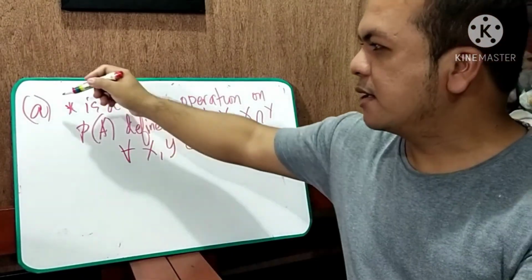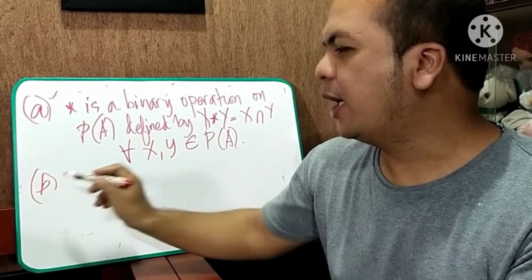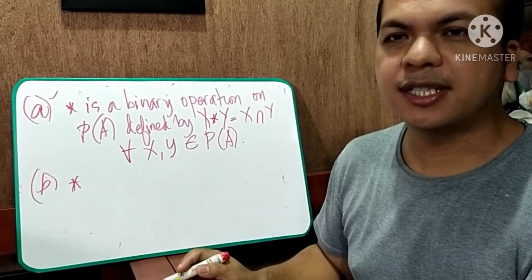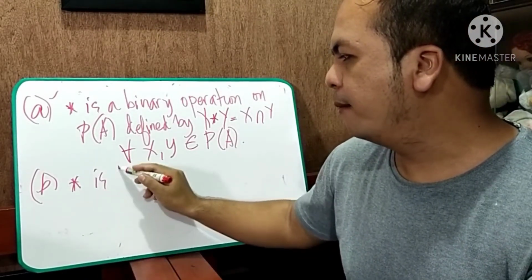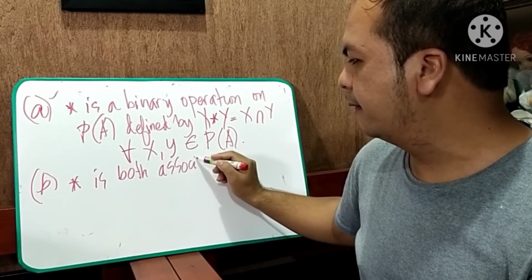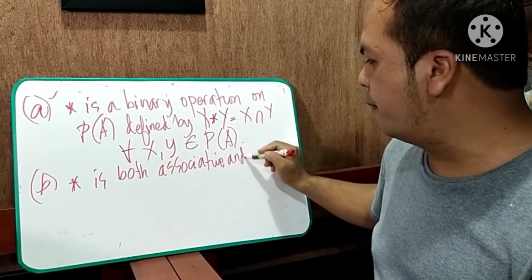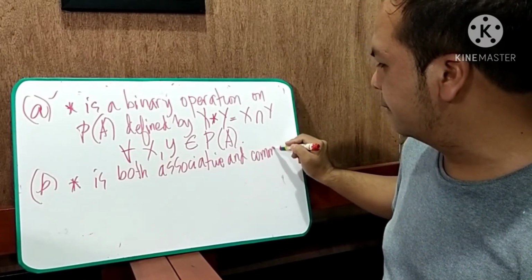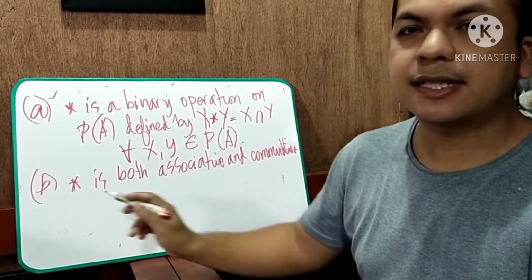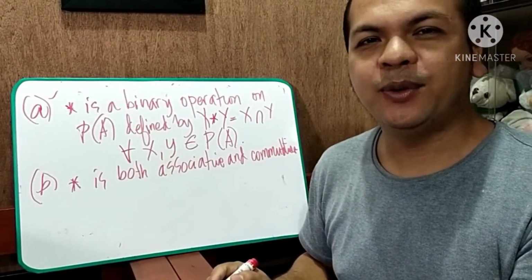Second, we showed that this binary operation star is both associative and commutative.